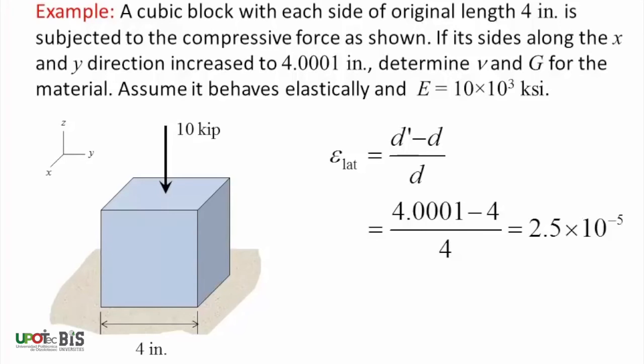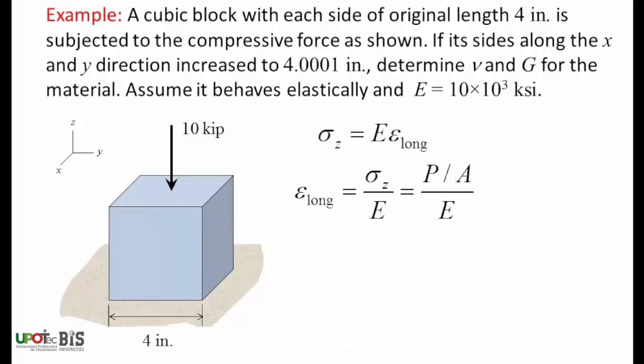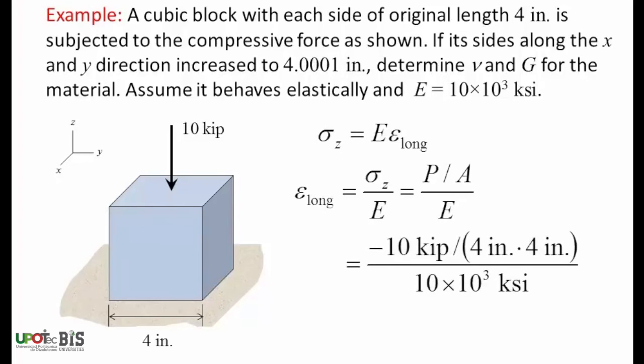And along the longitudinal direction, the z direction, because the material behaves elastically, Hooke's law applies. Therefore, sigma z equals Young's modulus multiplied by epsilon longitudinal. From here, epsilon longitudinal is calculated by sigma z, the normal stress, over the Young's modulus, and sigma z equals force over area, P over A. Therefore, we substitute in the numbers.